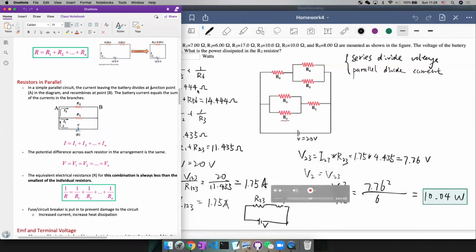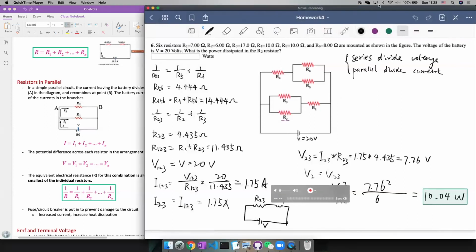to save time, I have these two tricks. This can help you analyze the circuit. So what does this mean? I didn't make this up. This trick is based on these two equations. This trick says series divide voltage, which means if two components, like two resistors, are in series, they divide the voltage.